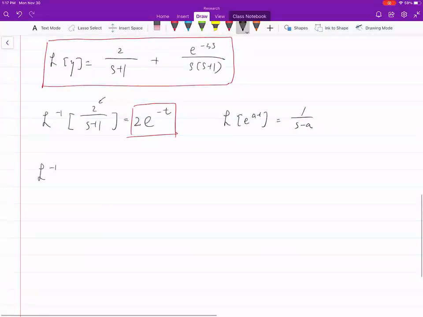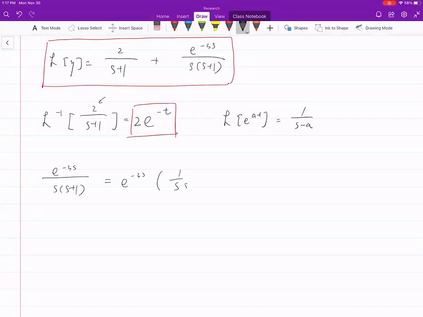What is L inverse? Actually, let's just not do this. Let's just do this. Okay. We have done this multiple times before. You see some complicated denominator, you do partial fractions. So you first take this out, 1 over s plus 1.